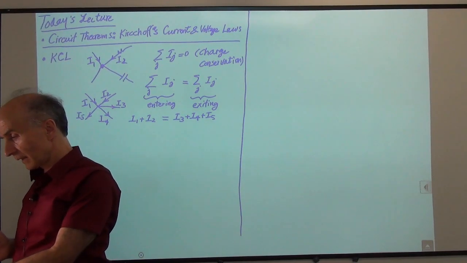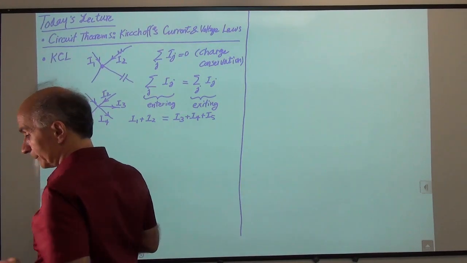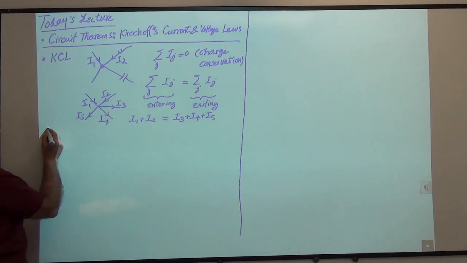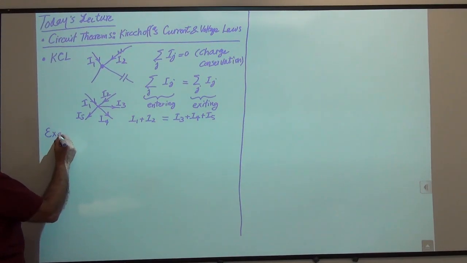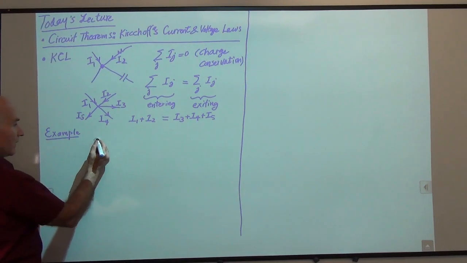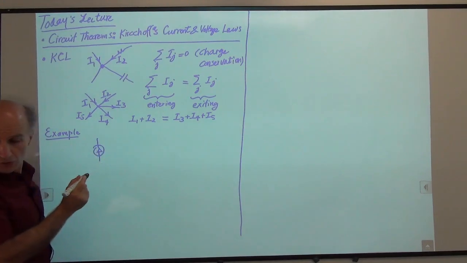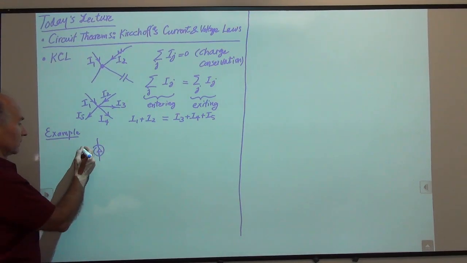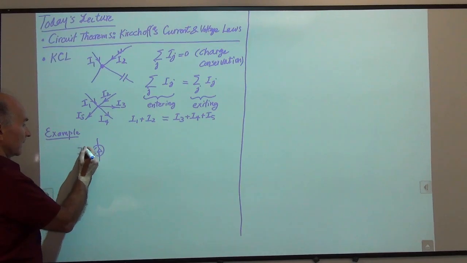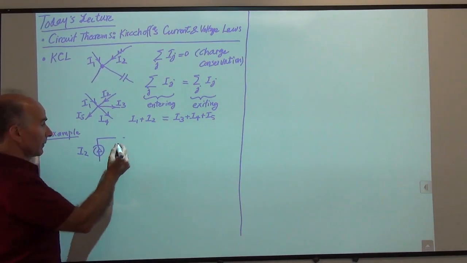Let's look at a little example. So here's an example of applying KCL. Suppose I have a current source which I have called I2, and then I have a resistor and a battery.